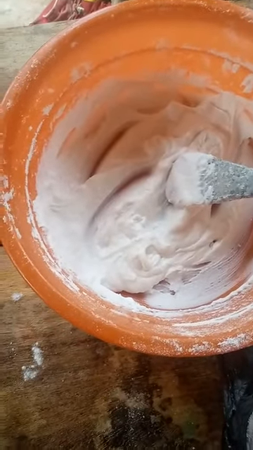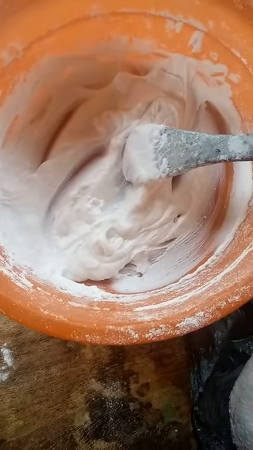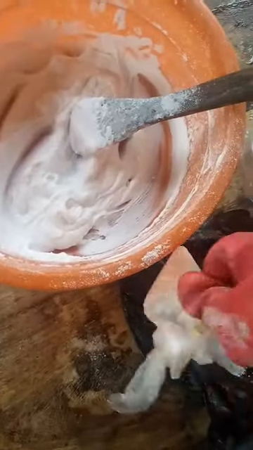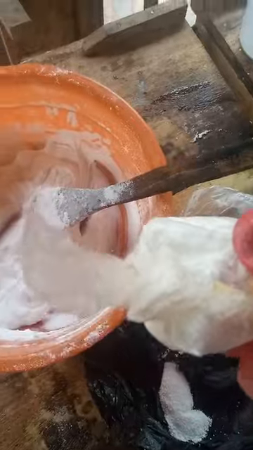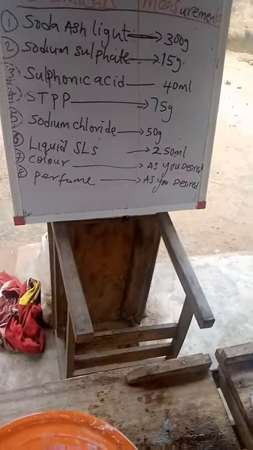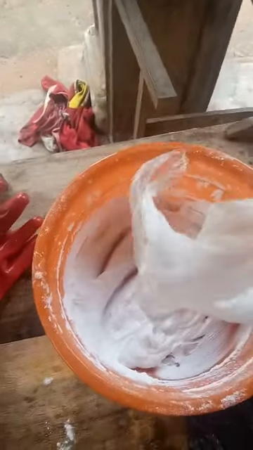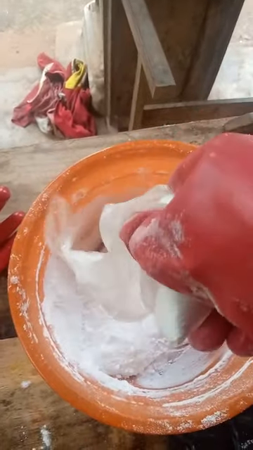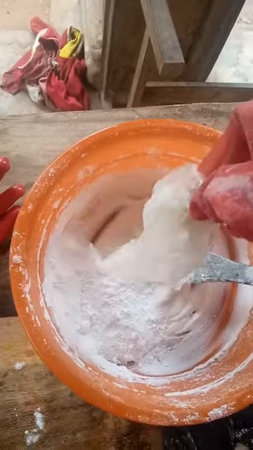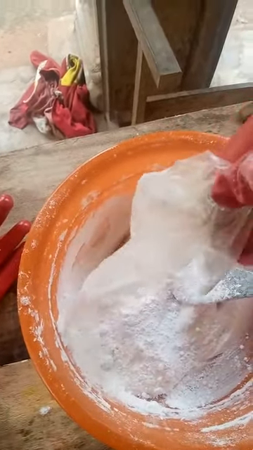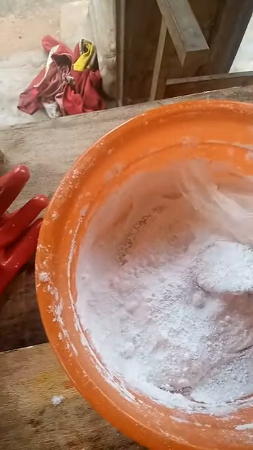So the next thing is to add your STPP. This is my STPP. In this production, we are using 75 gram of STPP. So add your 75 gram of STPP into the solution. Add it completely into the solution.